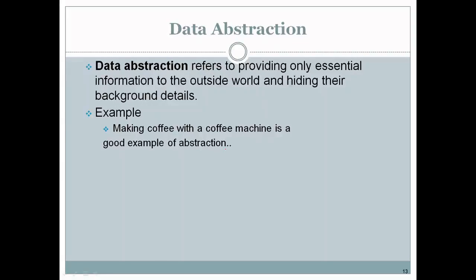That internal working is hidden from the user. So the user should know only the required things, but background details are hidden from the user, and this is called abstraction. Show only the required things and background details are hidden from the user.